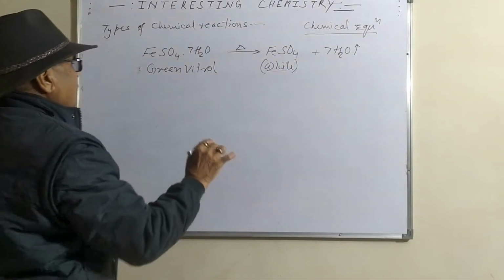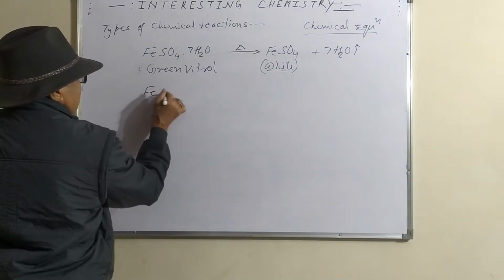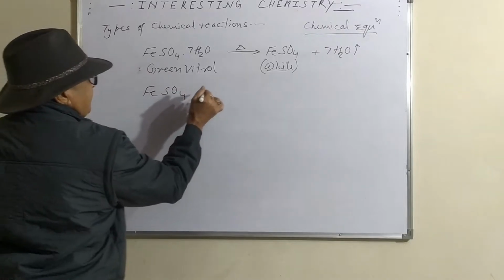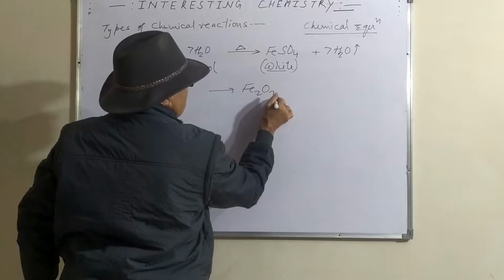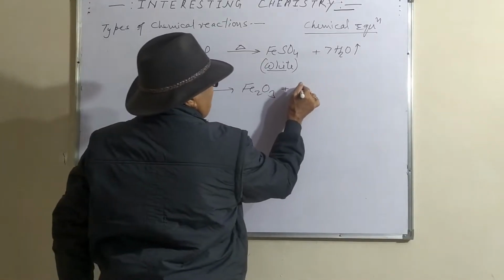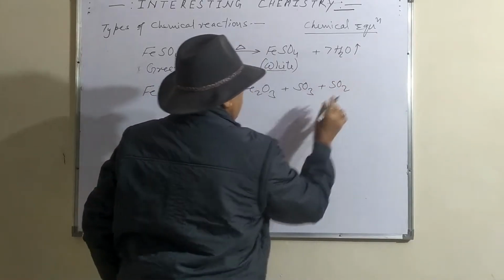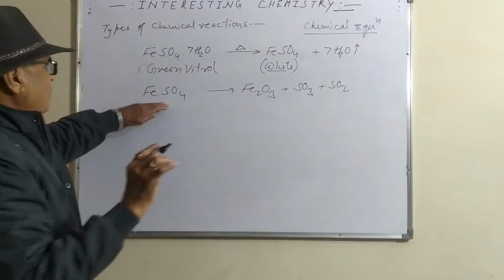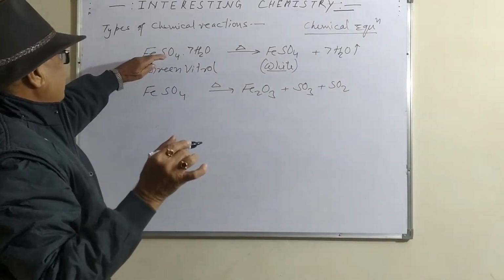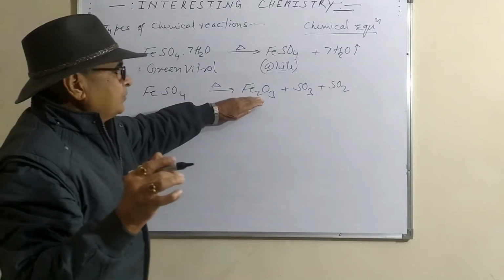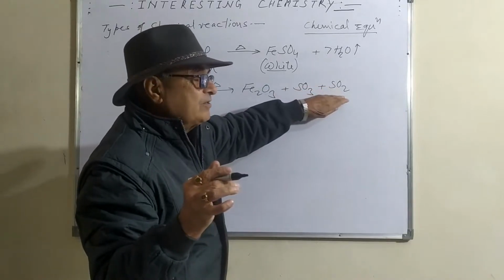Now FeSO4, when it is heated at a higher temperature, will be turned into Fe2O3 plus SO3 plus SO2. So again, when FeSO4 is heated, it will decompose into Fe2O3 ferric oxide, sulfur trioxide and sulfur dioxide.